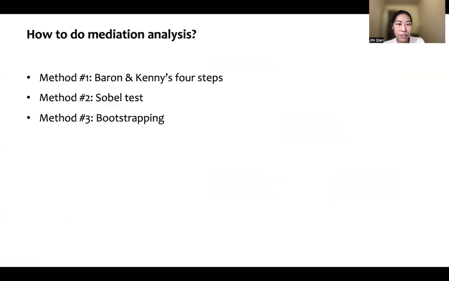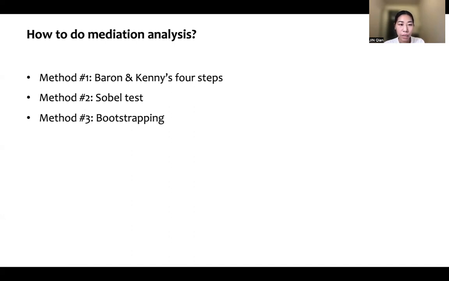How to do mediation analysis? There are basically three methods. The first one is Baron and Kenny's 4 steps. It is a very classic method to do mediation analysis even now. Method 2 is the Sobel test, which formally assesses the significance level of the product of A and B, as we just talked about in the path.